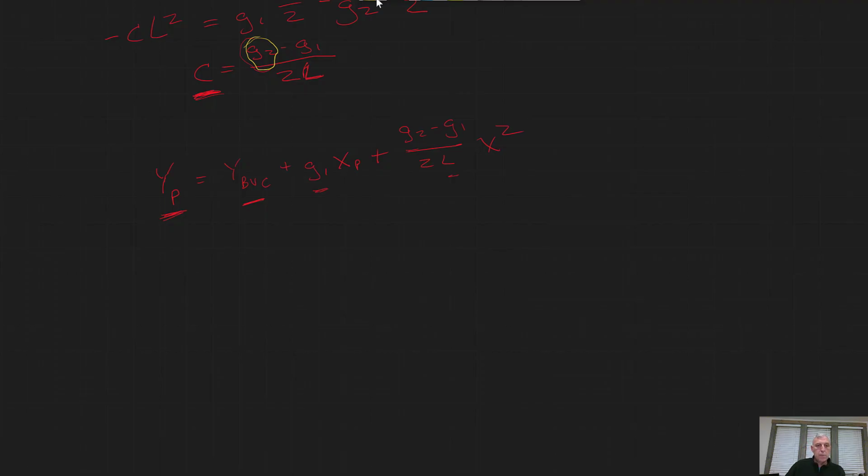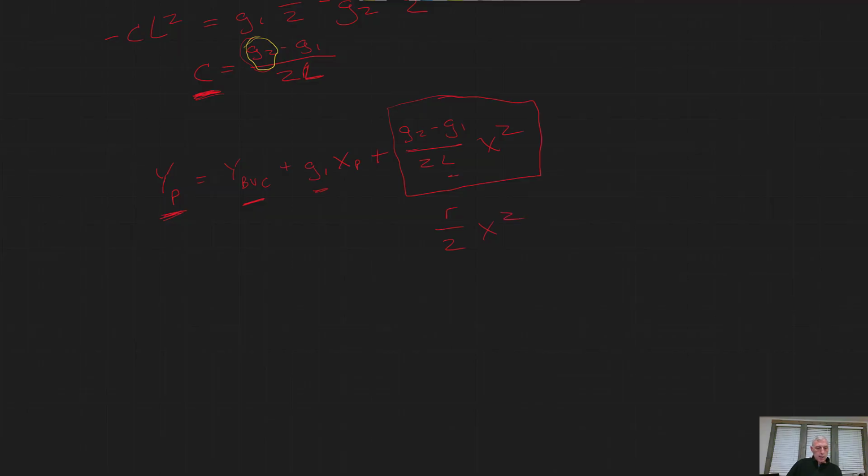Now, just before I wrap up, I want to talk about the rate of change real quick. So the book likes to use, instead of G2 minus G1, this here, they like to use R over 2 x squared.